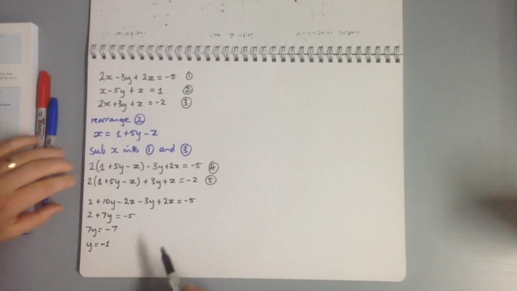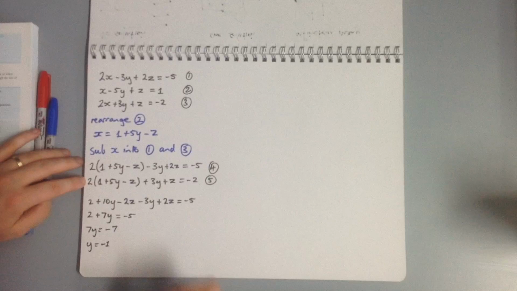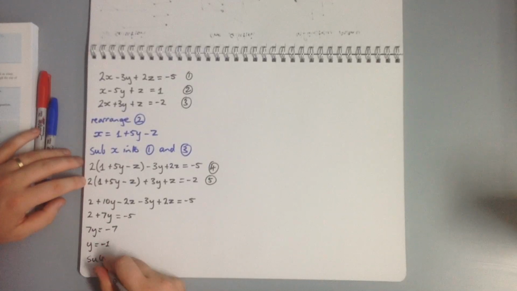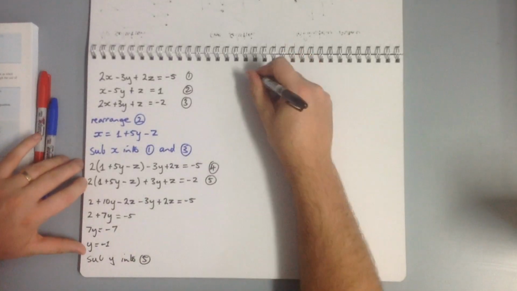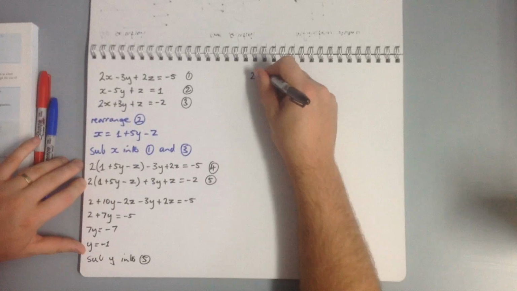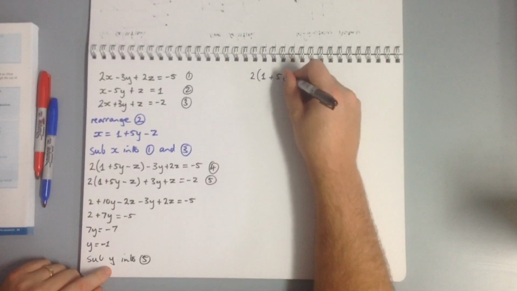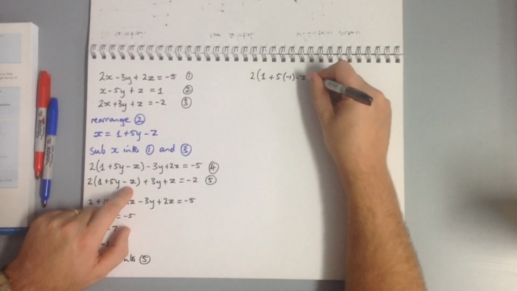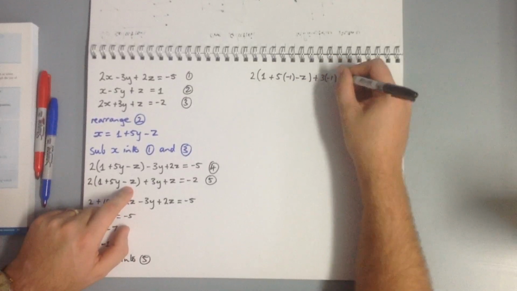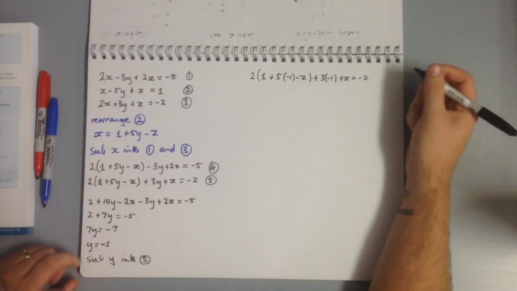Okay, because if you look, that was equation 4, and all we've got to do now is sub y into 5, and we'll get our z. So if we go 2 outside of 1, plus 5 times negative 1, take z, plus 3 times negative 1 plus z equals minus 2.